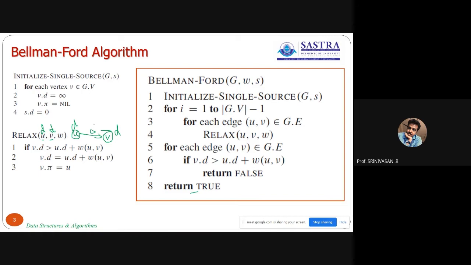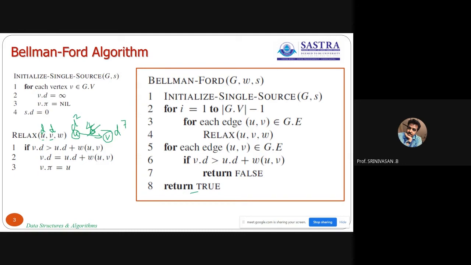Suppose this cost is 6, this distance is 7, and the recorded shortest distance of U is 2. So 2 plus 6, if it is less than the existing shortest distance, you have to update, otherwise no need. That is a relaxation. But here 2 plus 6 is 8, and this is 7, so there is no need of relaxing. Suppose the cost is 4, so the total cost is 6.